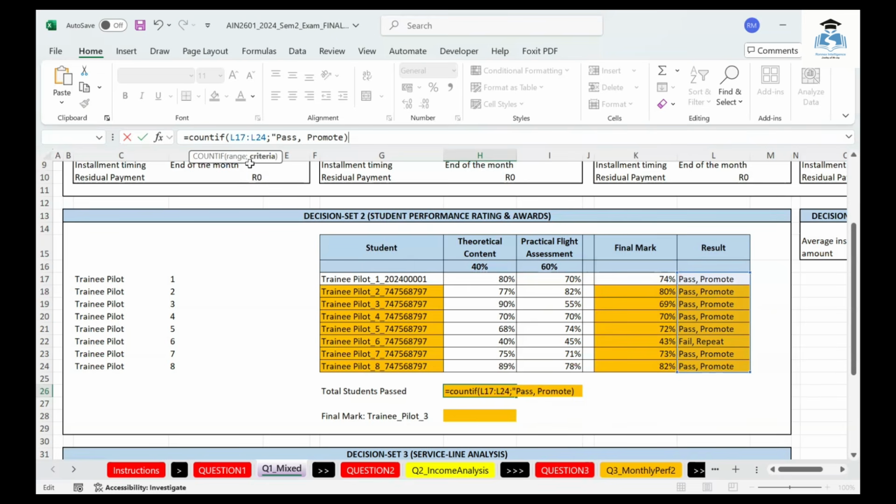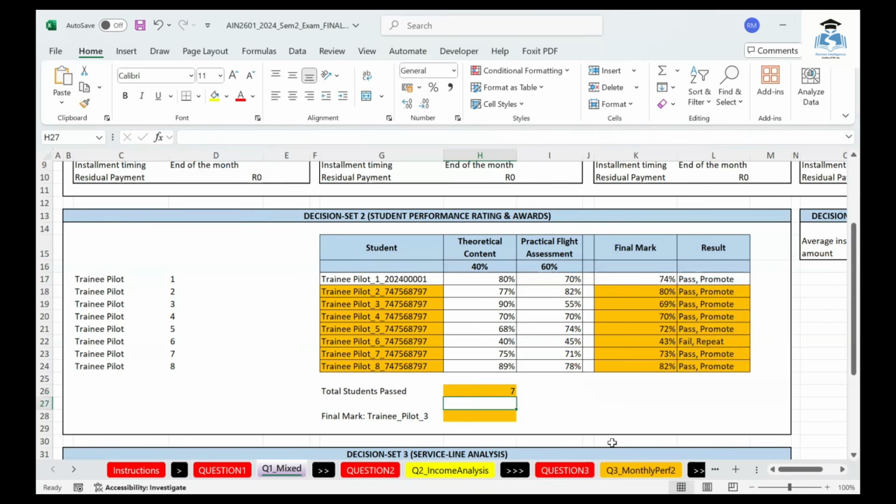Is it a semicolon or what? It's just a straight comma. So it tells you that the total students passed are 7. If we count here: 1, 2, 3, 4, 5, 6, 7. That's it.